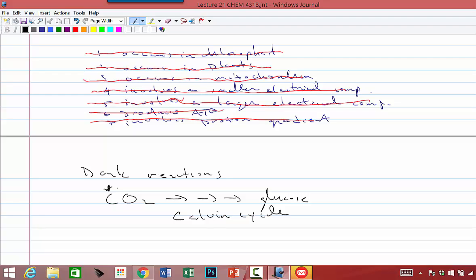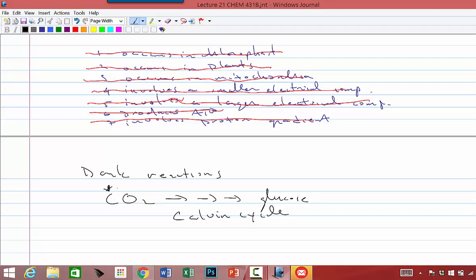What else can we take from this in terms of big picture items? Well, you could see that we're consuming ATP, and we're also consuming NADPH. The consumption of ATP tells you that this is what, a catabolic pathway or an anabolic pathway? It's consuming ATP.